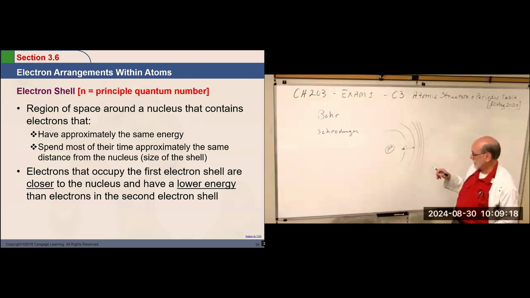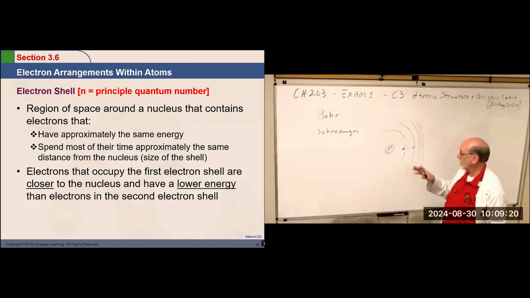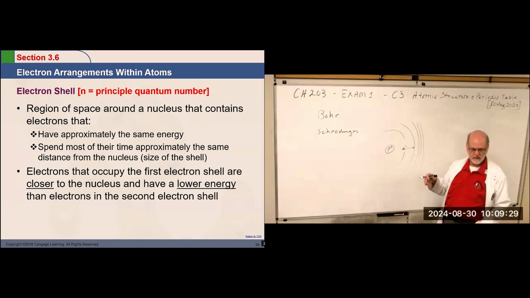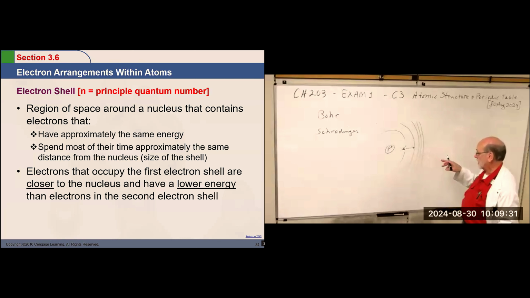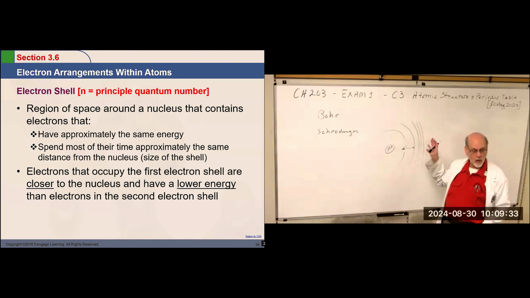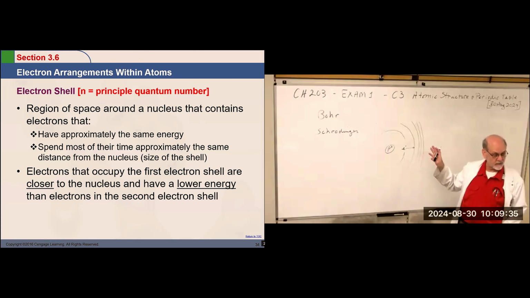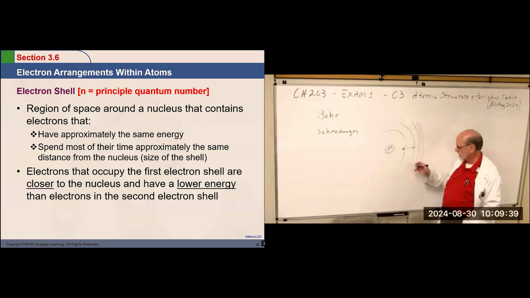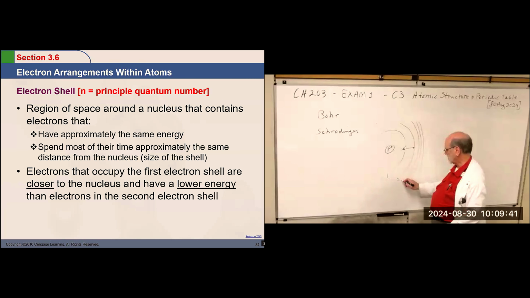And he had an equation that would work for hydrogen or any element that was hydrogen-like. We won't go into that because this is an introductory course. But he was able to quantify the amount of energy that was provided to that electron to move from each level. And each level had a number.